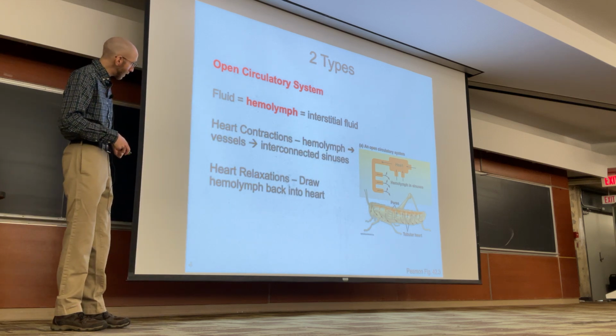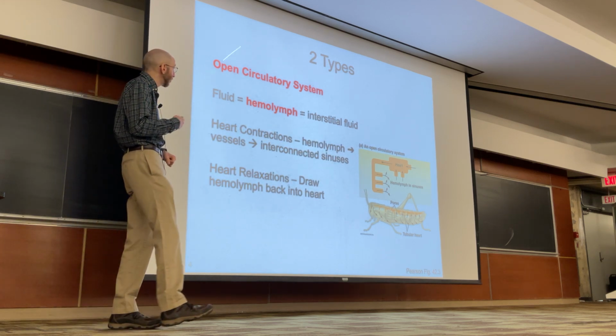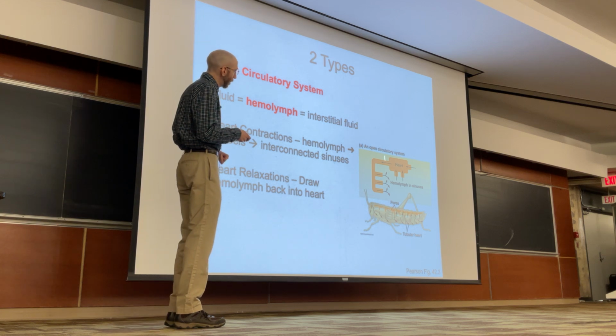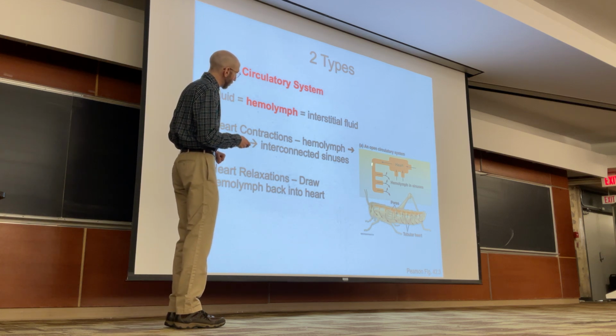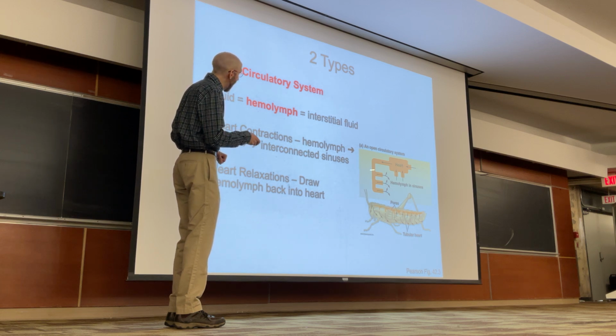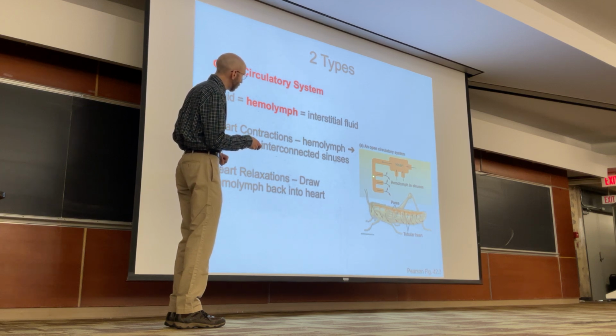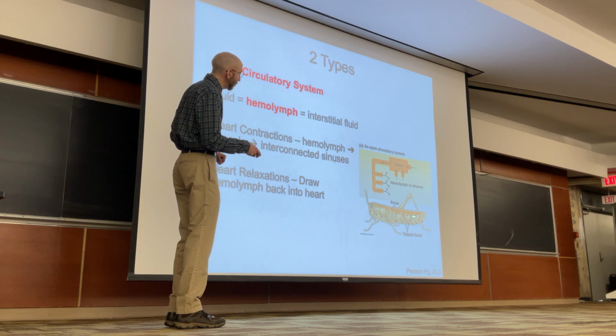The way an open system works is you have a heart, and then you have some vessels connected to it. The heart is going to take the fluid in, it's going to contract, it's going to push the fluid through those vessels, and then into the chambers of the body.